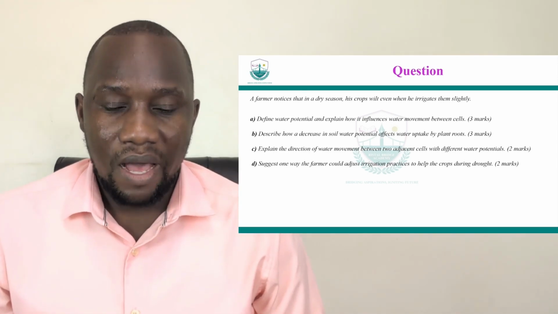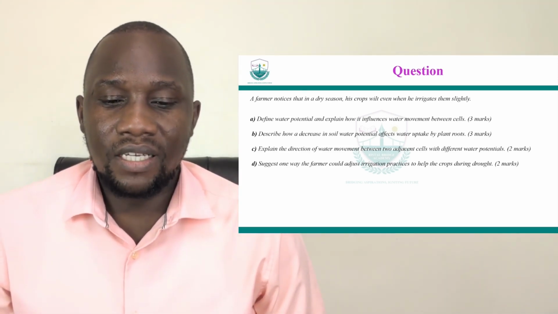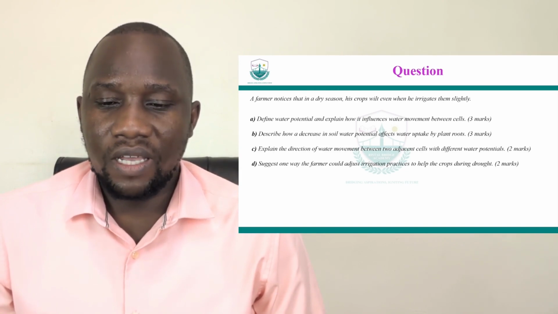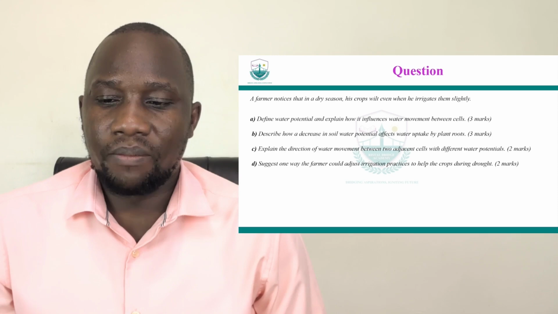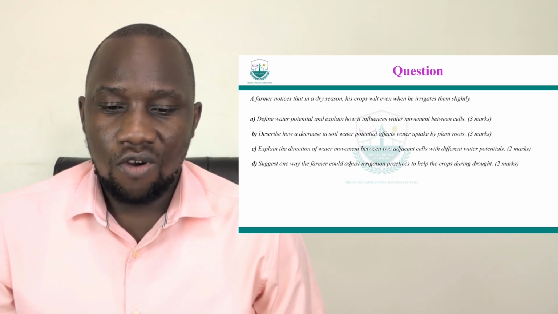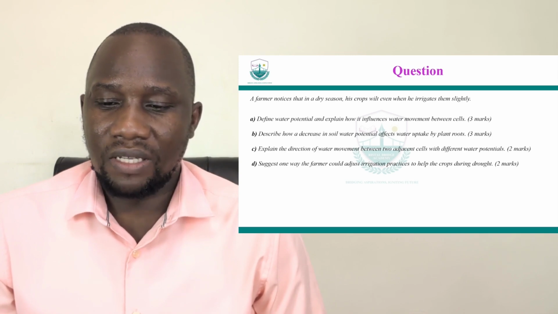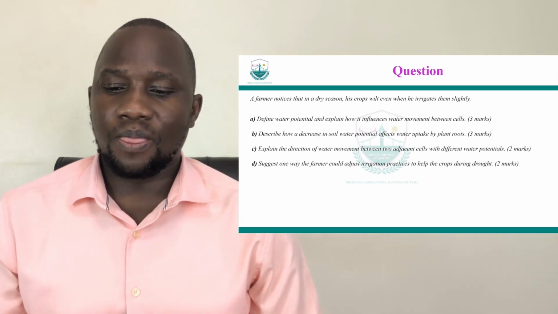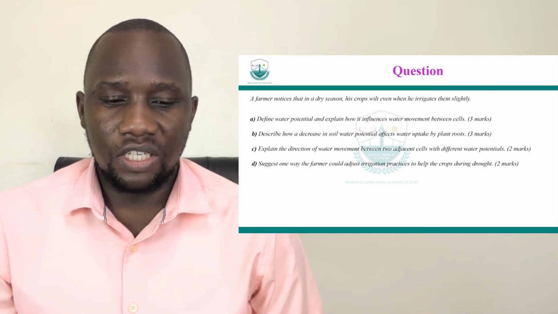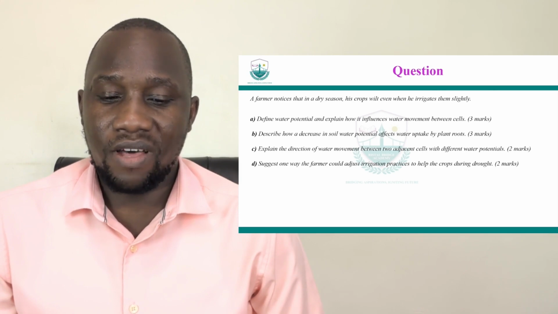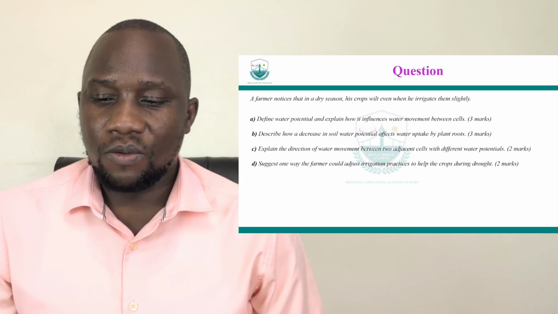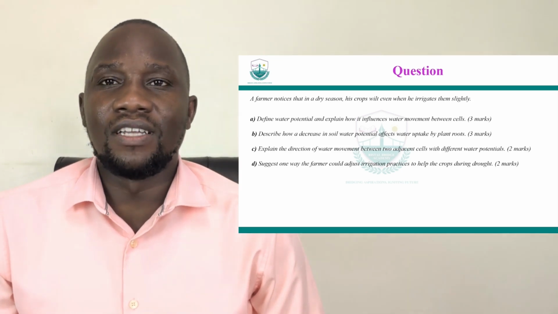And then describe how a decrease in soil water potential affects water uptake by plant roots. And then explain the direction of water movement between two adjacent cells with different water potentials, and suggest one way the farmer could adjust the irrigation practices to help the crops during the drought.